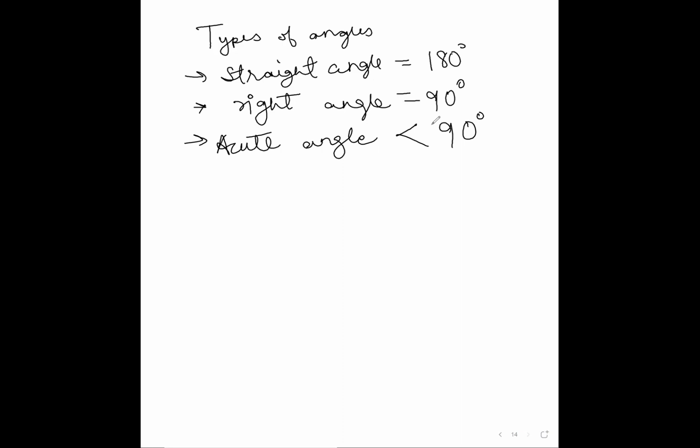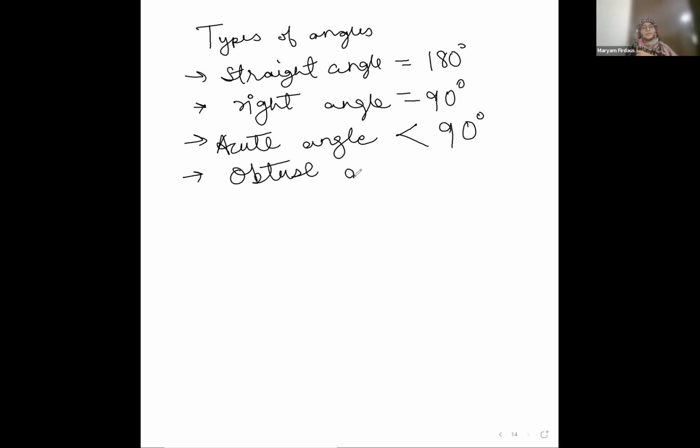And it was like obtuse. Obtuse. Very good. Obtuse angle is more than 90 degrees, but it is less than 180 degrees. Or you can say it lies between 90 to 180 degrees.